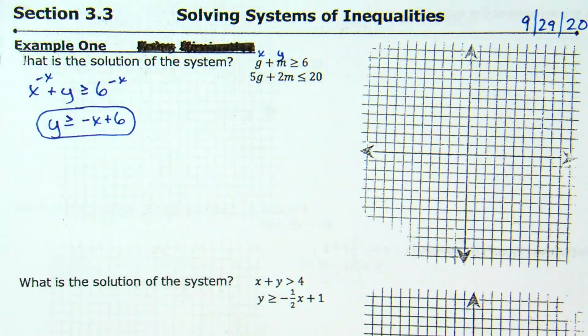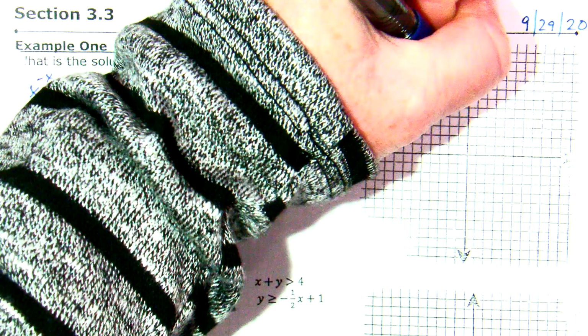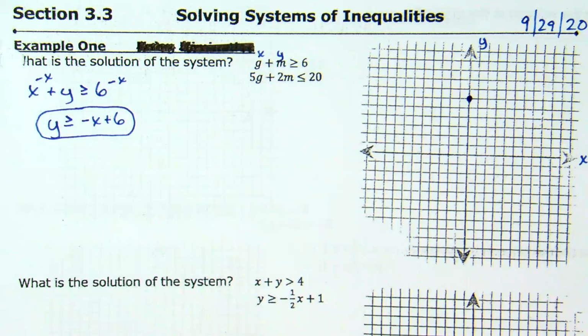If that's in y equals mx plus b form, where does that first dot go? At 6, because our y-intercept is 6. That 6 is going to go up 6, since it's a positive 6. Remember, horizontal is the x-axis, vertical is the y-axis. Where do I go from that 6? She suggested down 1, over 1.